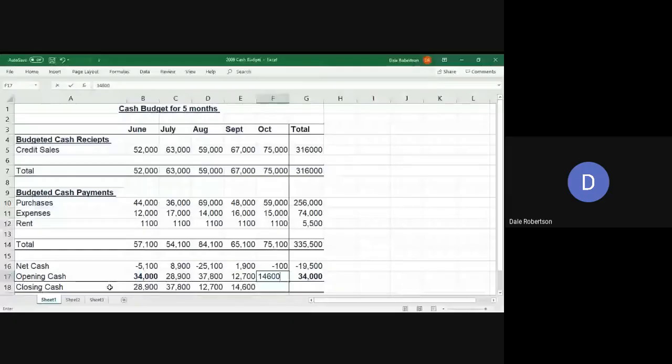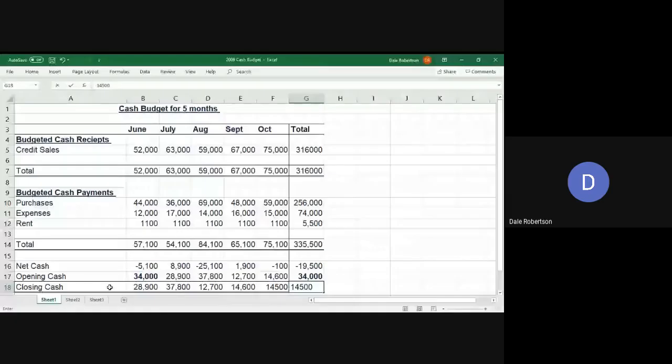And now 14,600 plus minus 100 is actually 14,500. And of course, over here in the total column, minus 19,500 plus 34,000 is also 14,500.